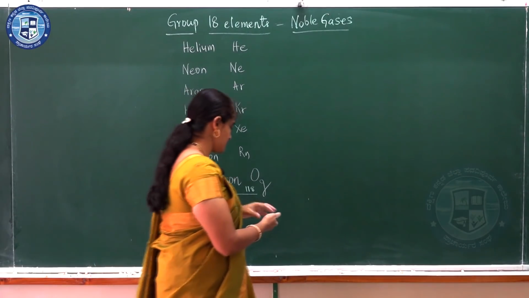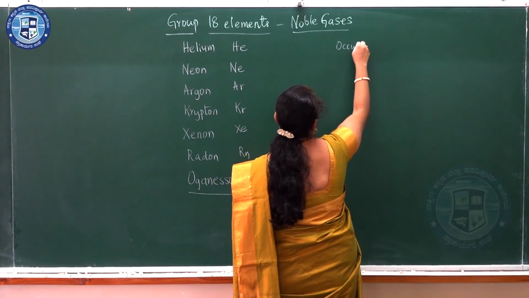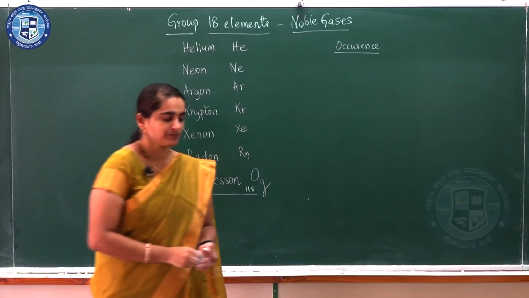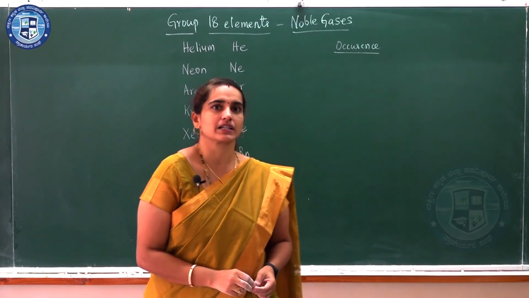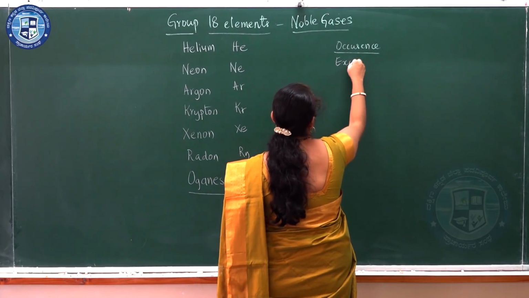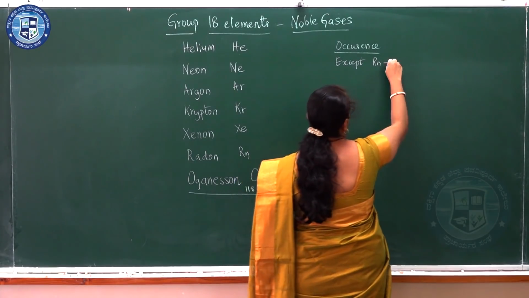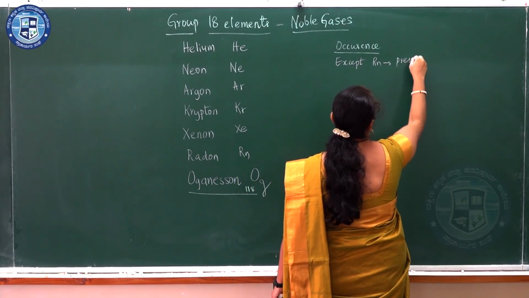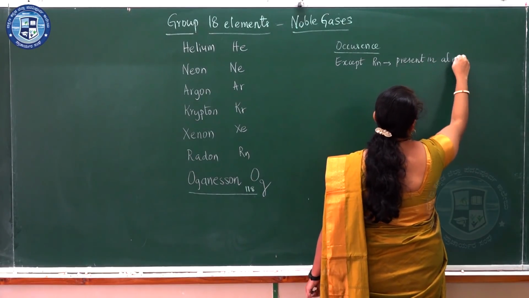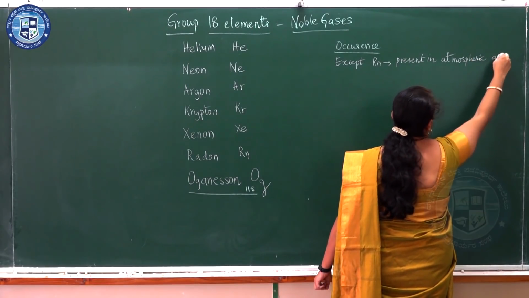First comes the occurrence. How exactly or where exactly do we find these noble gases? Noble gases are generally present in the atmosphere except radon, Rn. Rest all are present in atmospheric air.